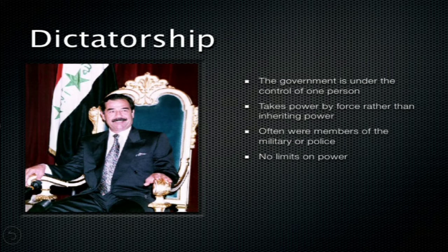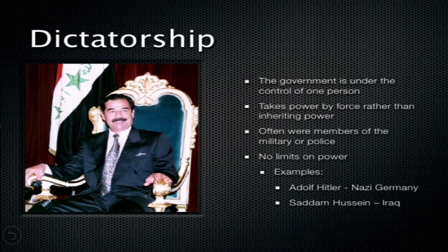And there are no limits on power, which means that the dictator's powers are limitless. It can go to any extent. There is no limit and no control on his power. The examples are Adolf Hitler of Nazi Germany and Saddam Hussein of Iraq.